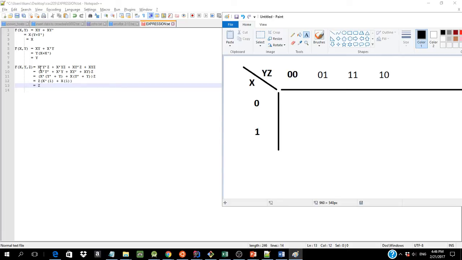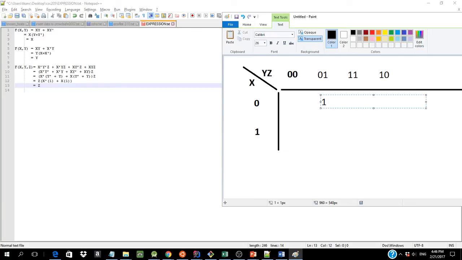Now let's do it. X bar, Y bar, and Z. 001, right? Where's 001? Right here. And the next one is what? 100? No, I'm sorry, 011, because X bar. 011, which is right here. All right, so what's the next one? 101. Just down there, right?